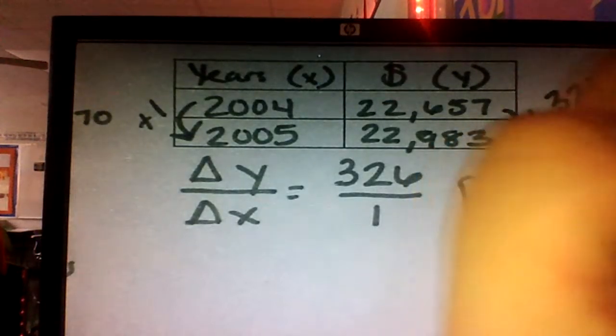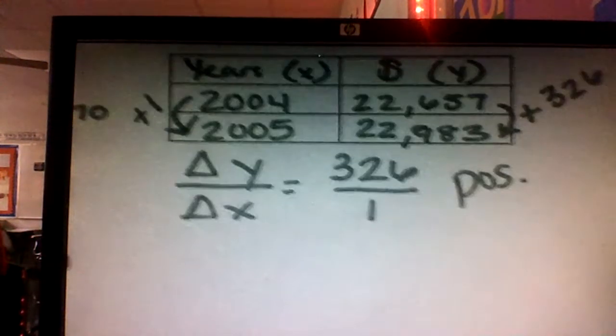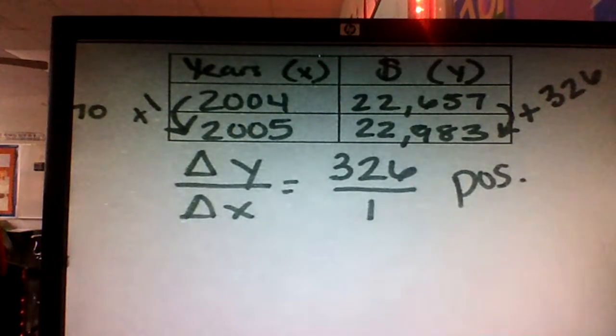Okay, so we've got another positive rate of change. What does this mean? Okay, so for every year, your income's going up by $326. You think that's good?